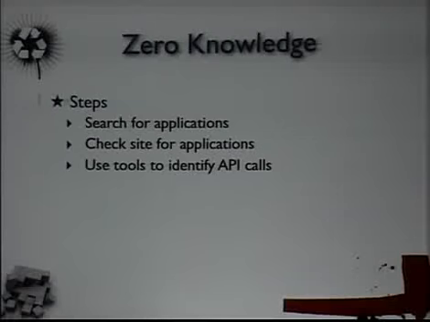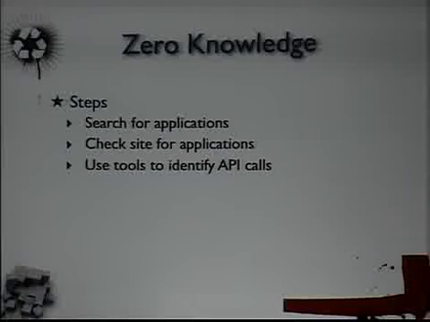So you can search for applications using search engines, pretty obvious. So if you didn't know Twitter had an API, from just Googling for Twitter API, you might notice that, hey, well, I use a Twitter application on my phone, or I use a Twitter application on my desktop. So it's probably making some form of calls to an API. You can also check the site, because people are very happy when people create applications that interface with them.